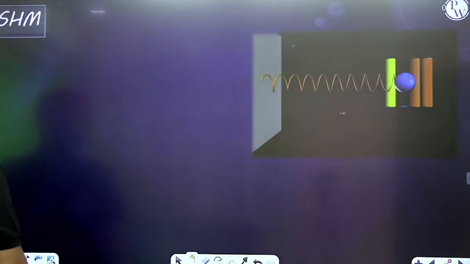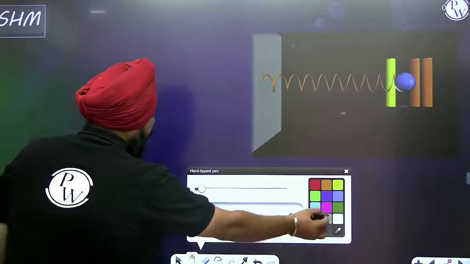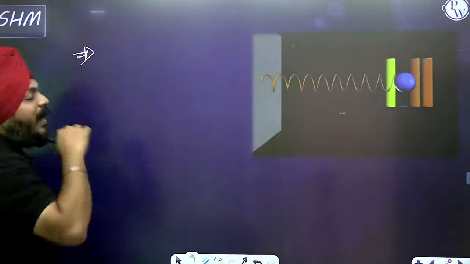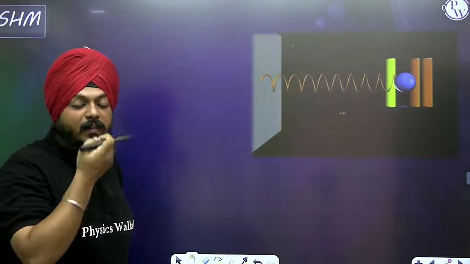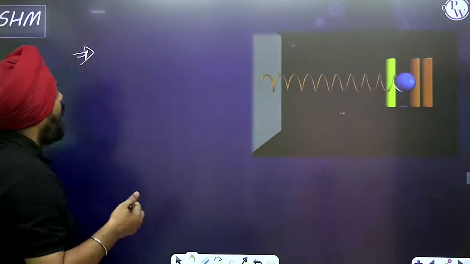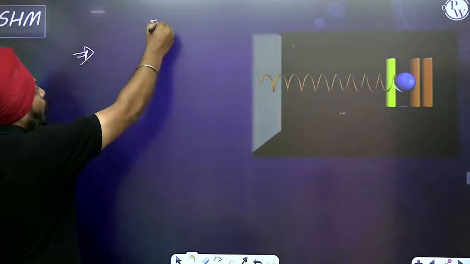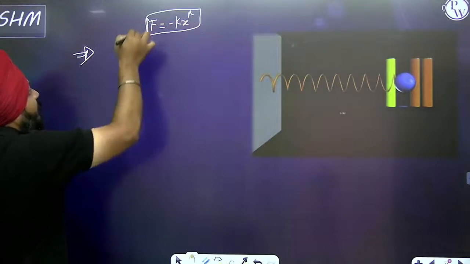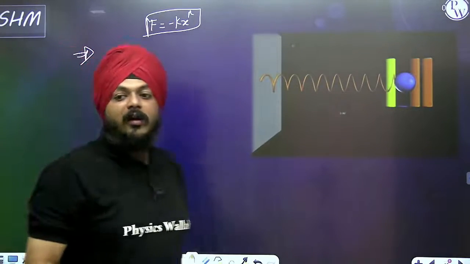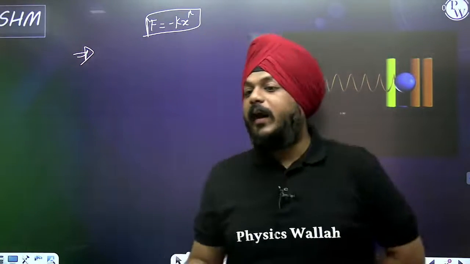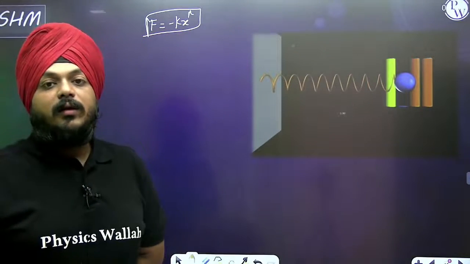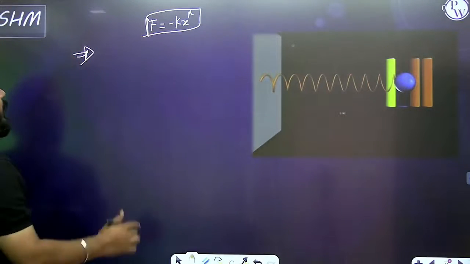Now the rigidness is increasing and we are reaching simple harmonic motion. What does simple harmonic motion state? I told you all oscillatory motions are represented by the equation F is equal to minus kx to the power n. So what is different in SHM?